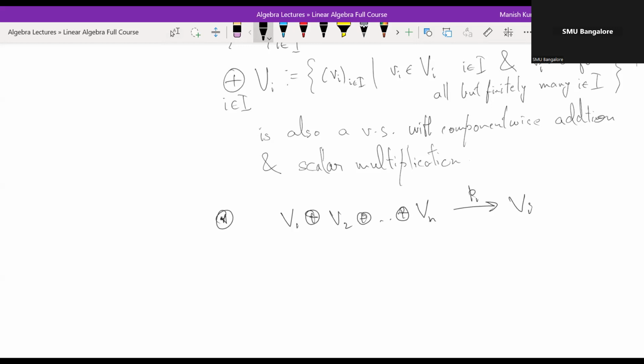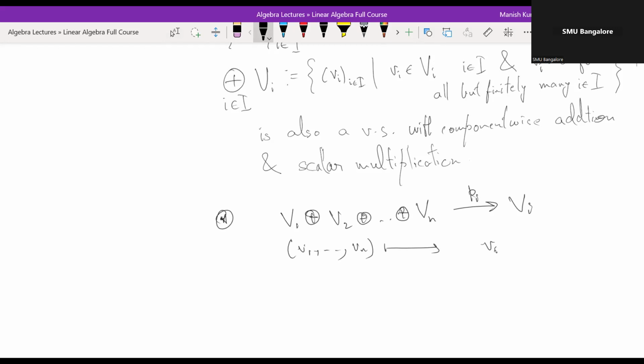This is called the projection map. Here the map is from V1 to Vn, this n-tuple goes to just the ith component of this n-tuple. So this is the projection map P_i.